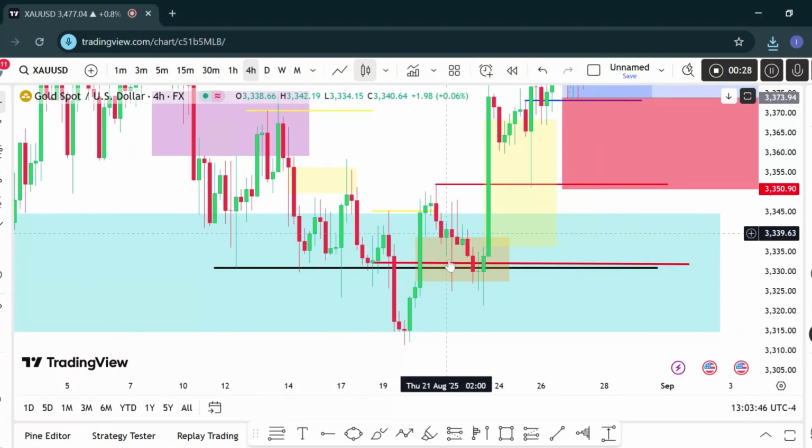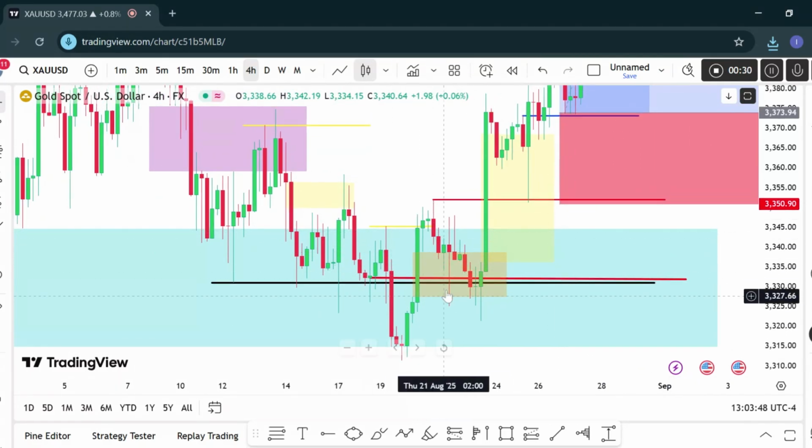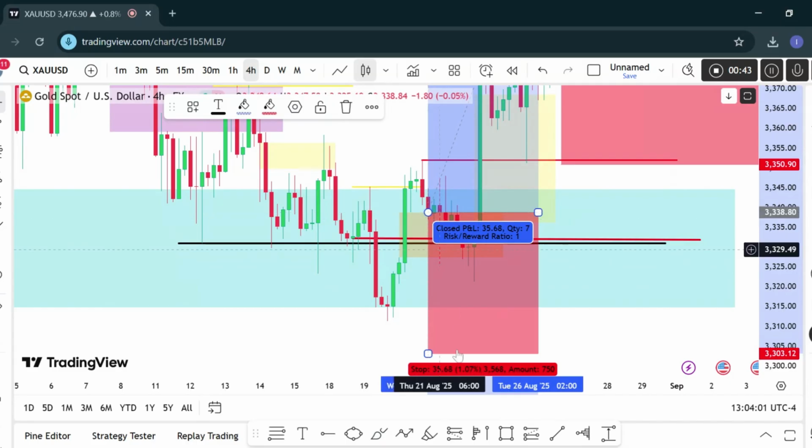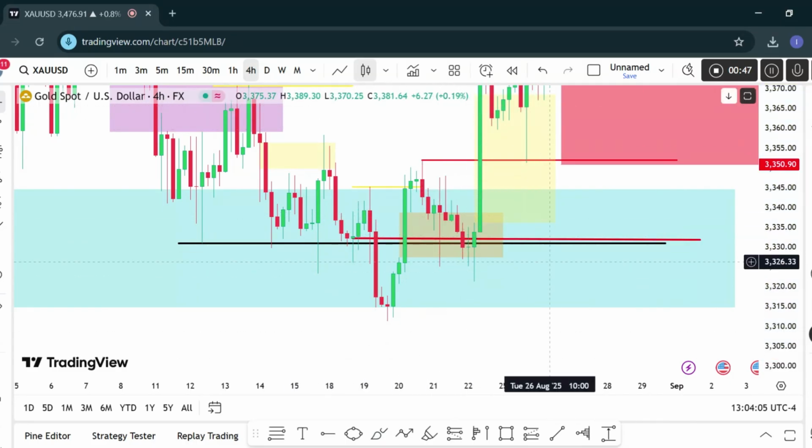Because they want to make sure that everyone trying to chase them there will be smoked too. So after people see this displacement in 4 hours, they will say, okay, I'm going for that fair value gap, and then yeah, they got smoked and then the market ran higher.